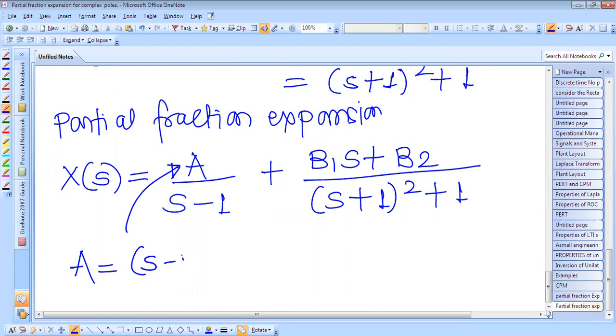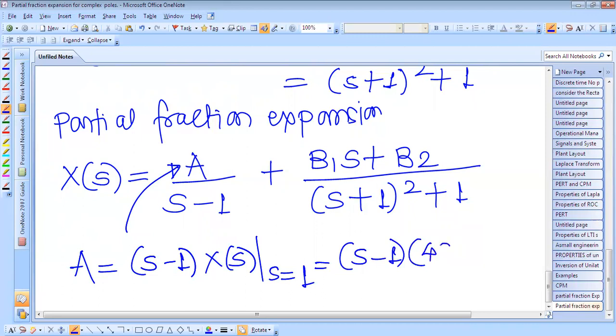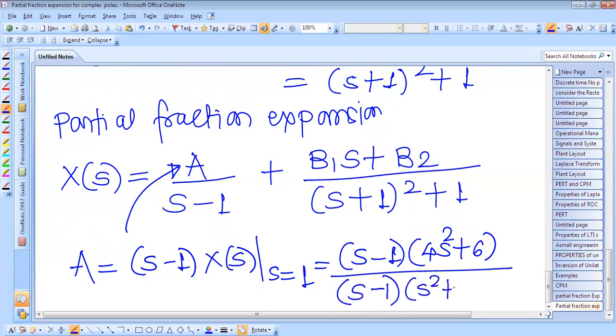So (s minus 1) X(s) at s equal to 1. What is X(s)? X(s) is (4s² + 6) divided by (s minus 1)(s² + 2s + 2), at s equal to 1.